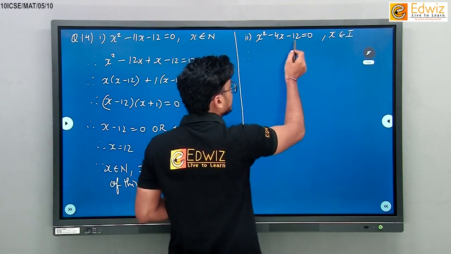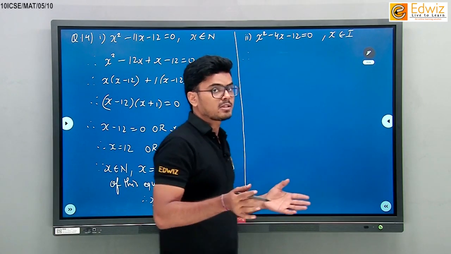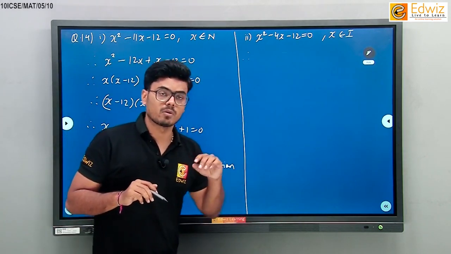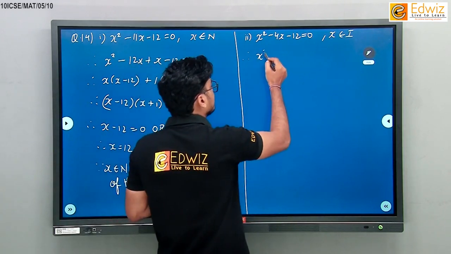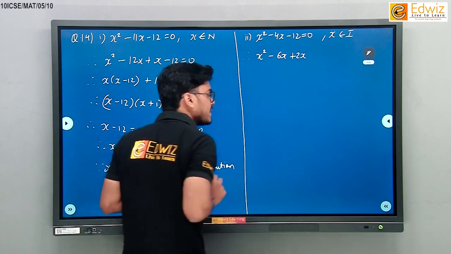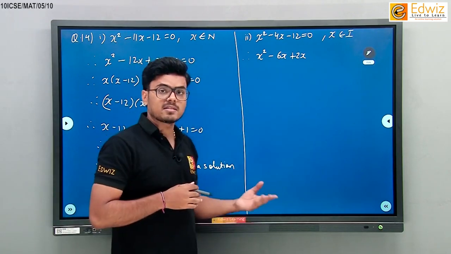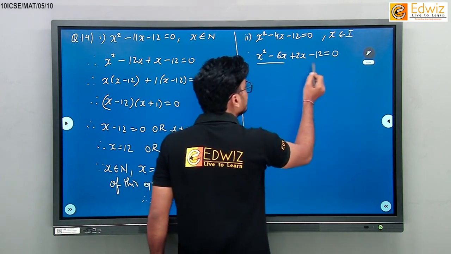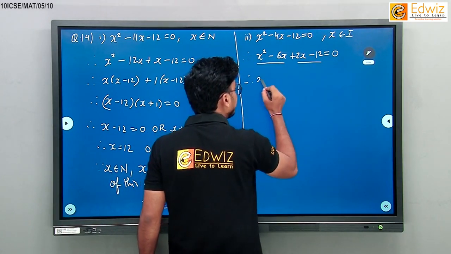x square minus 4x minus 12 के लिए we will have to factorize minus 12 in such a way that the difference between the factors is minus 4. This is also easy. Minus 6x and plus 2x. Correct? Difference is minus 4 and product is minus 12. So minus 12 equal to 0. Group them together. Take x common here.